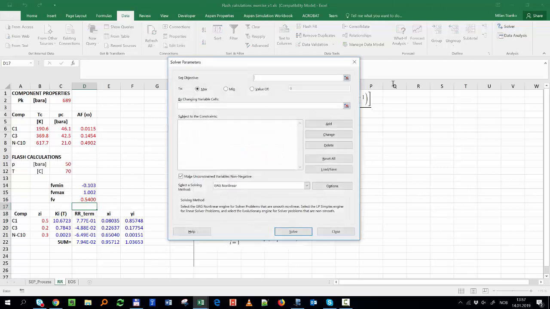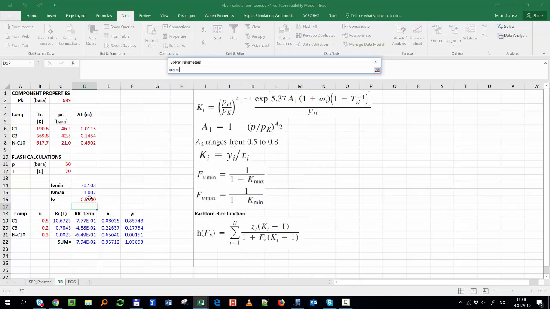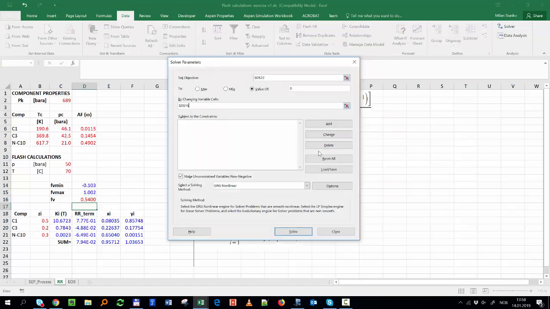So I come here to Solver. I say, what do I want to drive to 0? So I select that cell. I want to make it a value of 0. That's what I want. And then which number do I want to change? This FB. And to help the solver, to help the computer, I'm going to say FB has to be between these two.